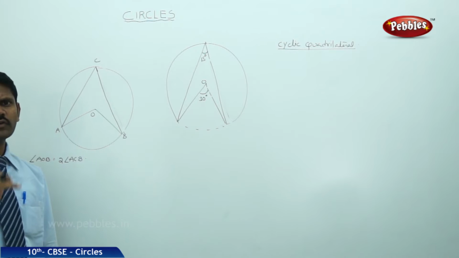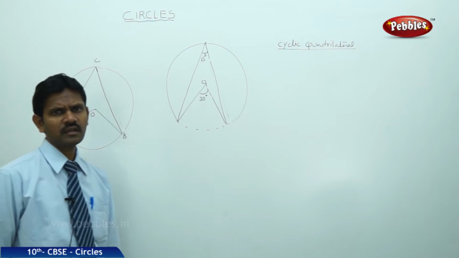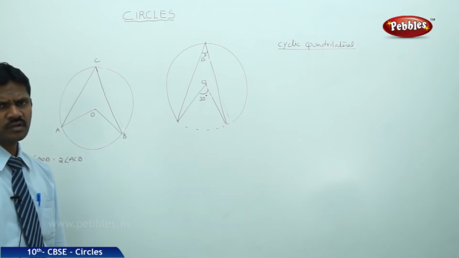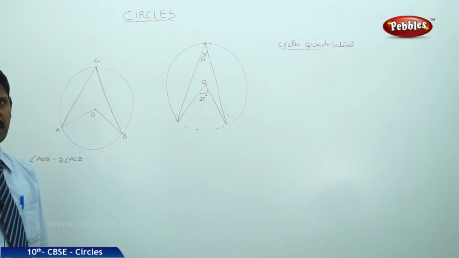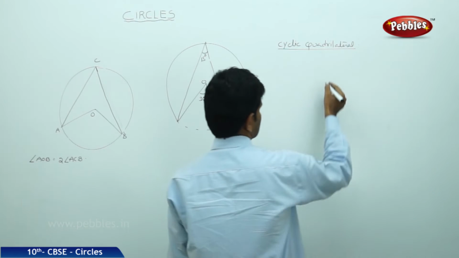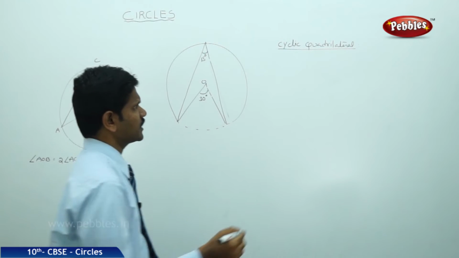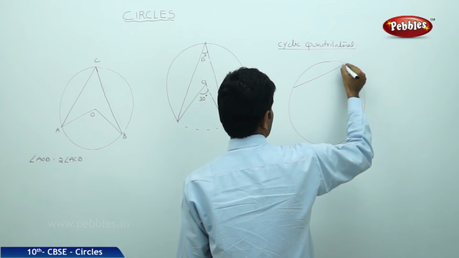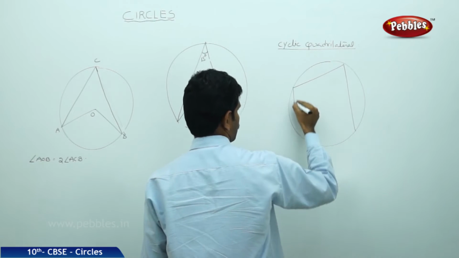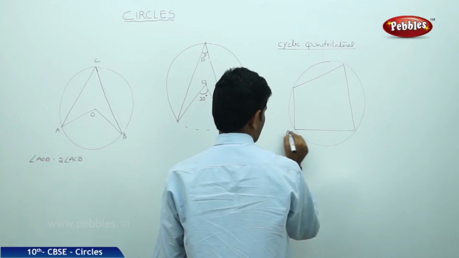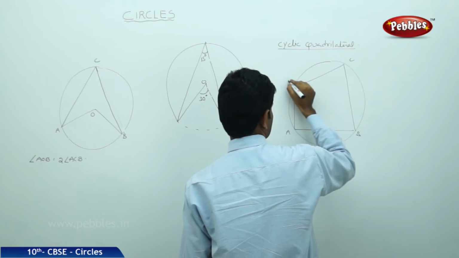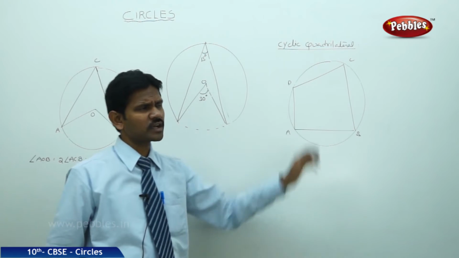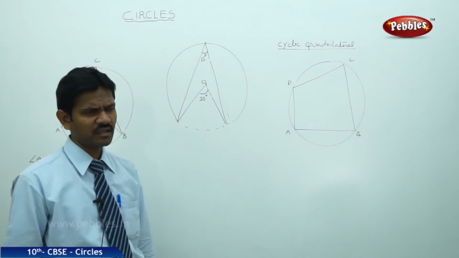If all the 4 vertices of a quadrilateral lie on a circle, such a quadrilateral is called a cyclic quadrilateral. Suppose A, B, C, D lie on the circle.